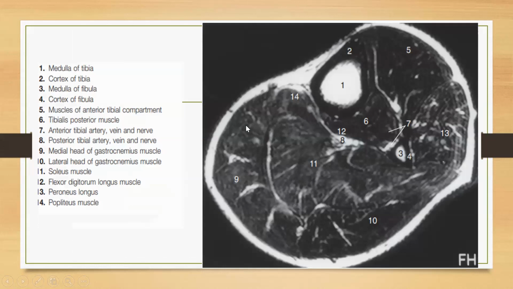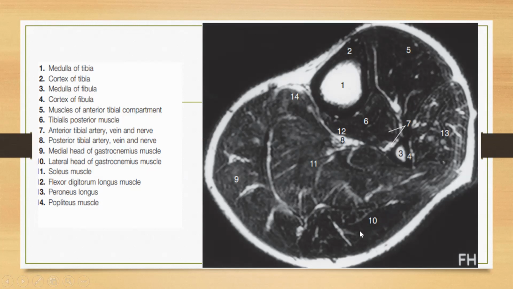This is an axial MRI proton density showing us the medulla of the tibia, the cortex of the tibia, and this is the fibula, and this one is the muscles of the anterior tibial compartment. Number 13 is the peroneus longus.